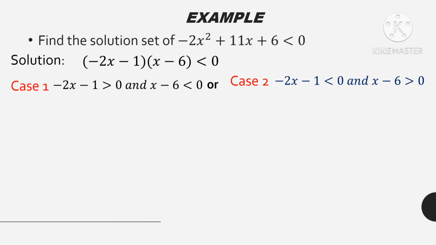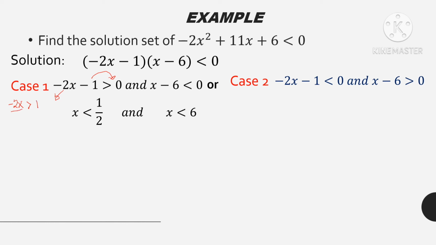Okay? So we have x less than 1/2. Paano ito naging x less than 1/2? Because if we solve this one, you have -2x greater than -1. Transpose natin ito to the right side, so it will become +1.